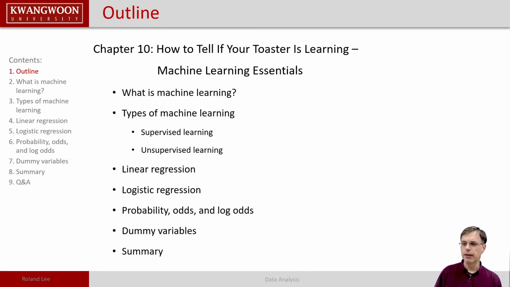Okay, so types of machine learning, so supervised and unsupervised, linear regression, then logistic regression, probability, odds, and log odds, and then we go through the dummy variables, and then we finish after that. So machine learning is really famous these days, right?